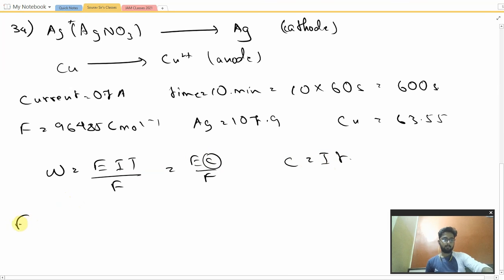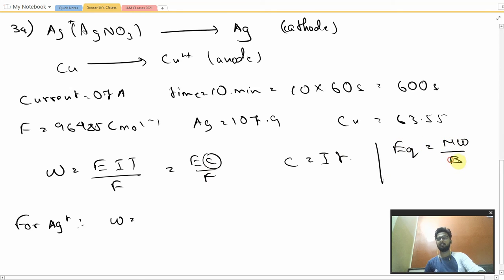So firstly for Ag+ we will find W, which needs the equivalent weight. Equivalent weight is equal to molecular weight divided by basicity. Here basicity is 1, as it is 1+, and for Cu2+ the basicity will be 2 because the charge is 2+.